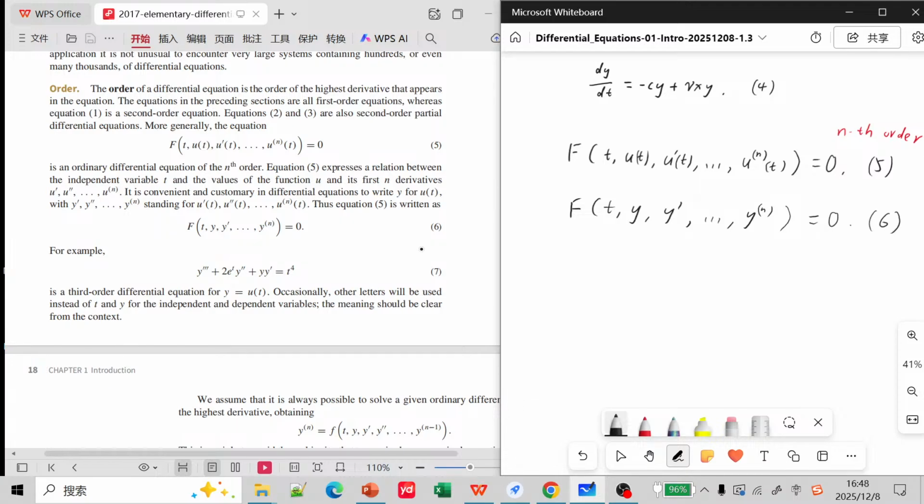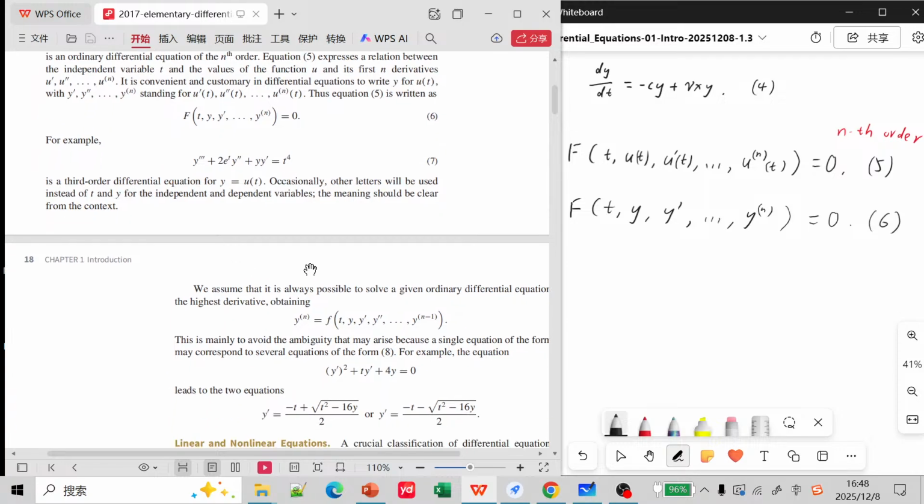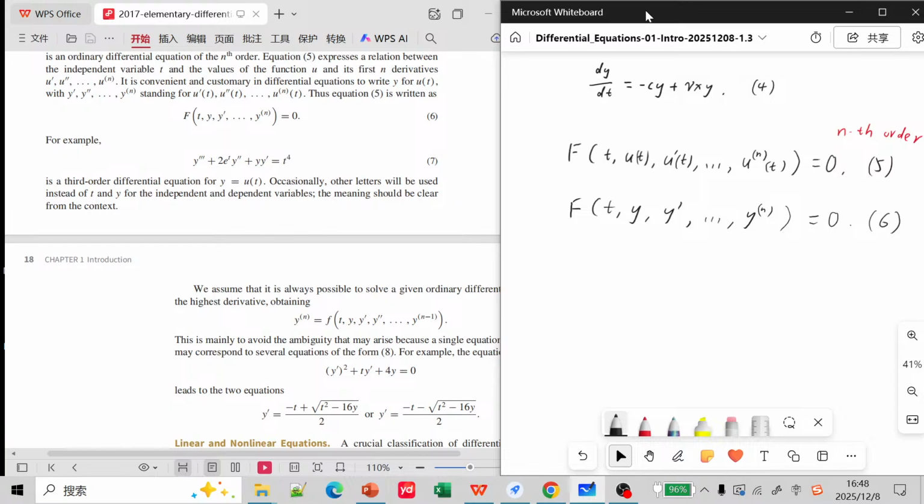For example, y''' + 2eᵗy'' + y·y' = t⁴ is a third-order differential equation for y = u(t).